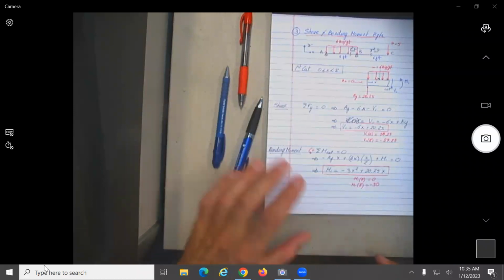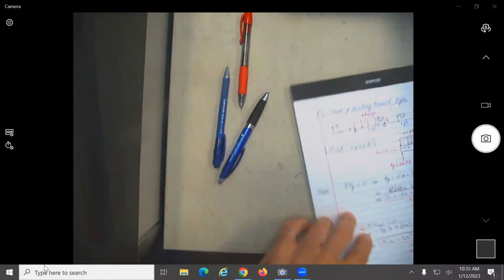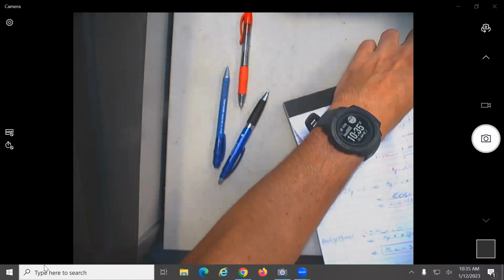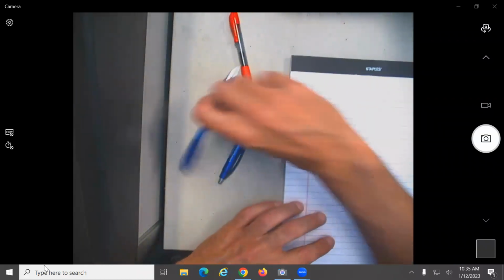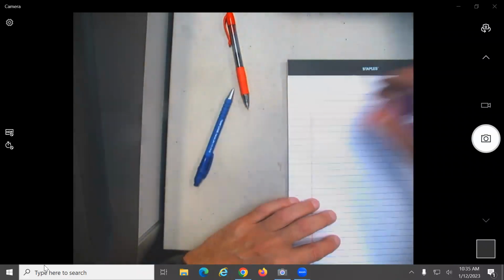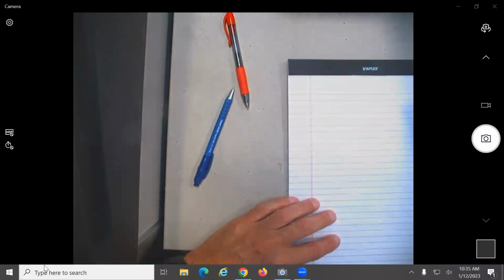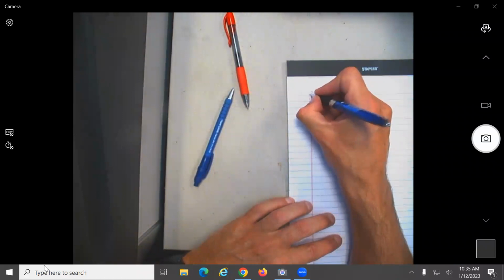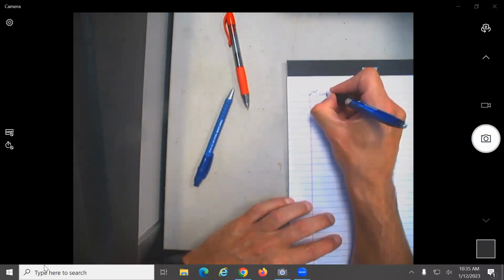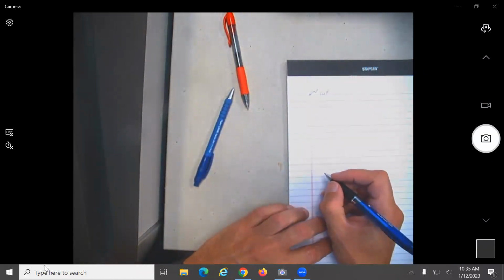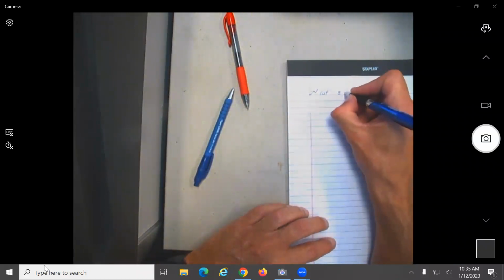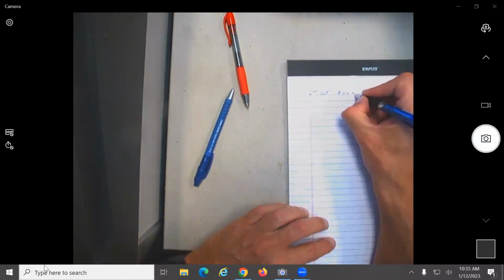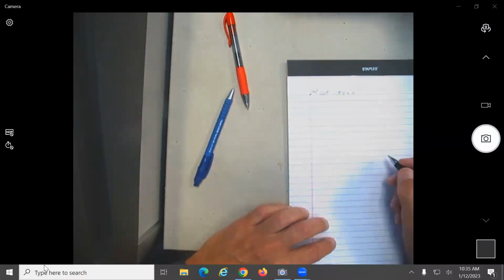Okay, any question about this first cut? We got the first two equations. Now we're going to do something similar for the second cut. This time, this one is between 8 and 14, no?